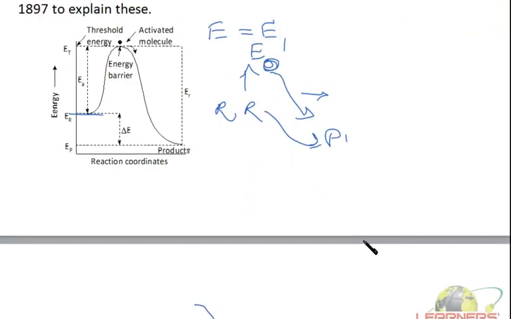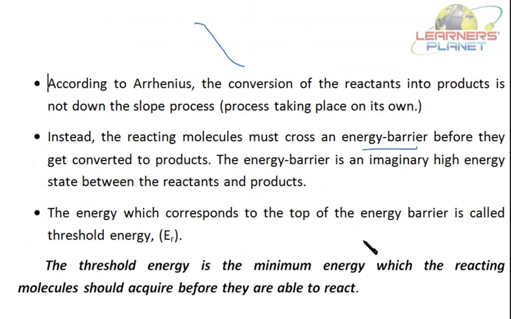So this formation of products is not a downhill process. It requires energy, and the reacting molecules must cross the energy barrier before they form the products. And what is this energy barrier? It is a high energy state between the reactant and the products.